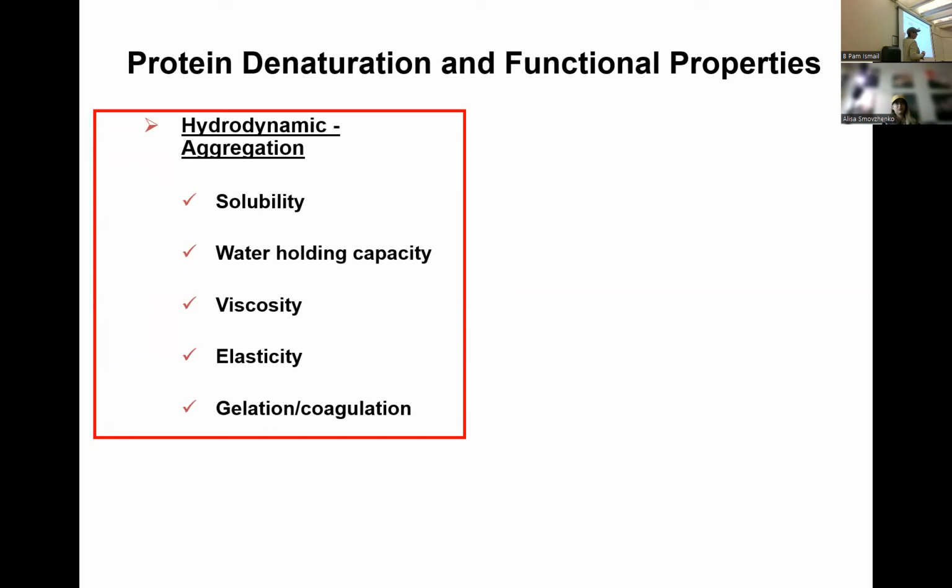So protein-water interaction and protein-water-protein interactions. Solubility basically relies on protein-water interaction. For gelation, we're relying on water or protein-water-protein interaction. You want an interaction with water and you want protein-protein interactions.